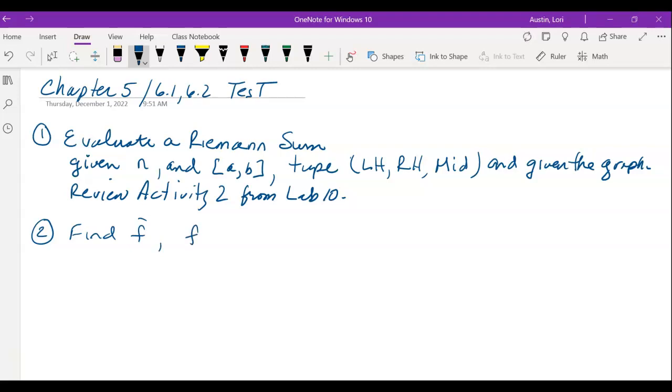Remember, F bar is basically the integral from A to B with what in front of it. Okay, you gotta know that. You gotta know the average value of a function.